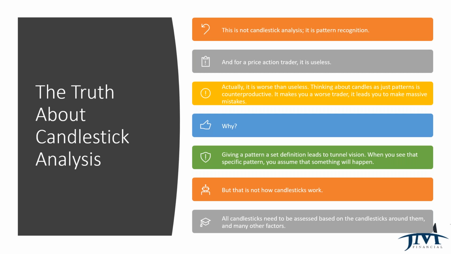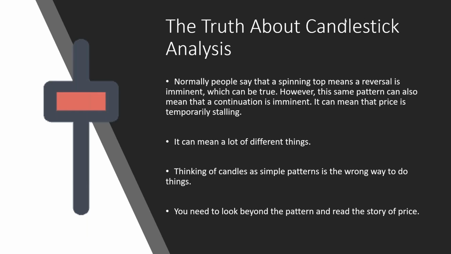You also have invested a great deal of time on remembering all the interpretations and the different types of dojis, what a harami is, what a marubozu is, what a shooting star is trying to tell you. Okay. It really doesn't help us in our everyday trading. And to be honest with you, this is not how candlesticks work. Candlesticks try to help us interpret price action. So all candlesticks need to be assessed based on the candlesticks around them, and many other factors.